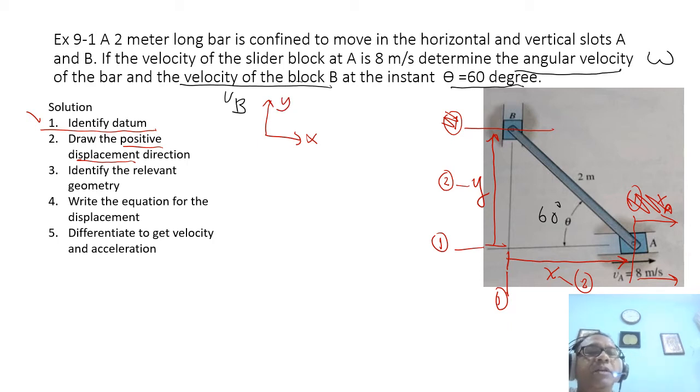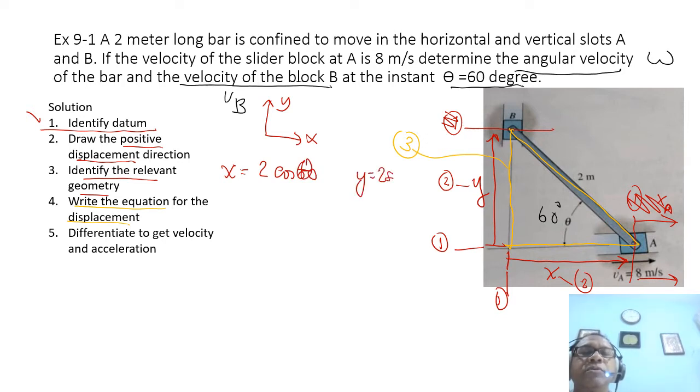Third is to identify the relevant geometry. I think this triangle is the geometry that we want to look at. That's number 3. Number 4 is to write the equation for the displacement. I can see the relationship between x and the length of the rod, so x equals 2 cos theta, which is 2 cos 60 degrees, and y equals 2 sin theta.